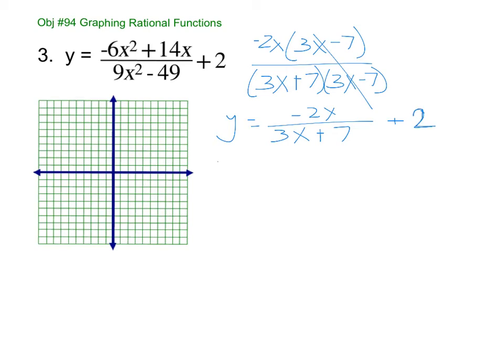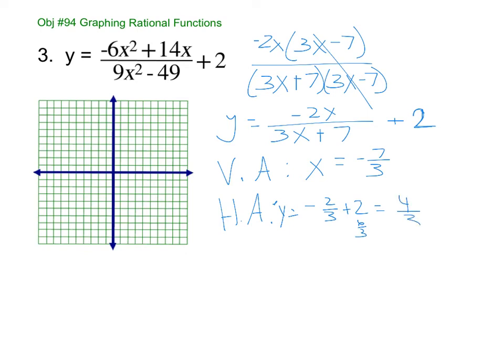The vertical asymptote is at x equals negative 7 over 3. Our horizontal asymptote is at negative 2 over 3 plus 2. So what's that? 6 over 3, 4/3. That's obnoxious. So negative 7/3 is just past 2.